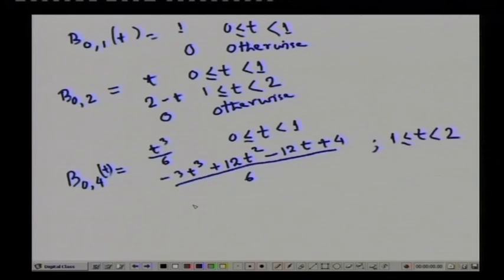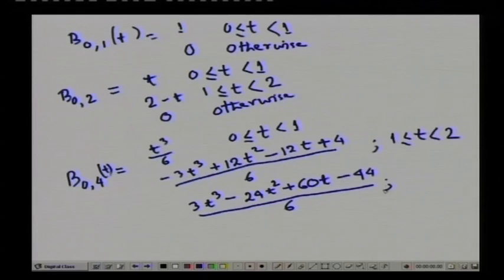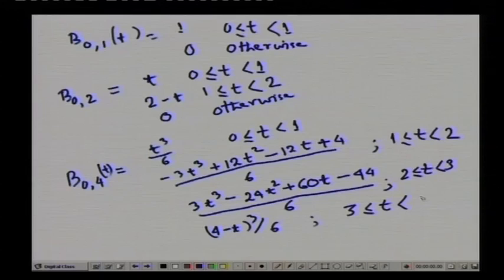This is equal to 3 t cube minus 24 t square plus 60 t minus 44, divided by 6, for 2 less than or equal to t less than 3. This is equal to 4 minus t whole cube divided by 6 for 3 less than or equal to t less than 4, and it is 0 otherwise.